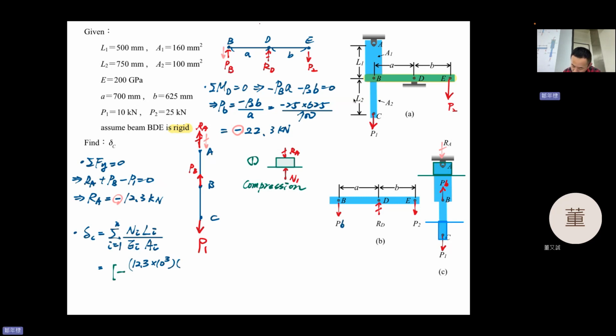L, 500 times 10 to the minus 3, and 200 times 10 to the 9 times 160 times 10 to the minus 6. So this is the first part, right? And the second part will be this one.